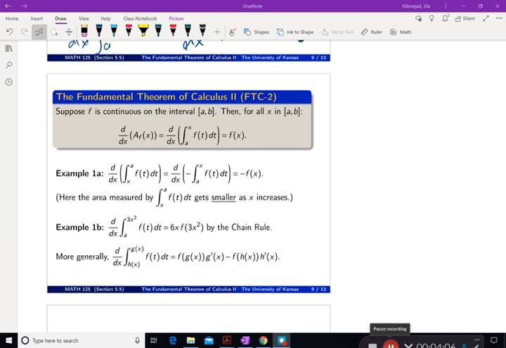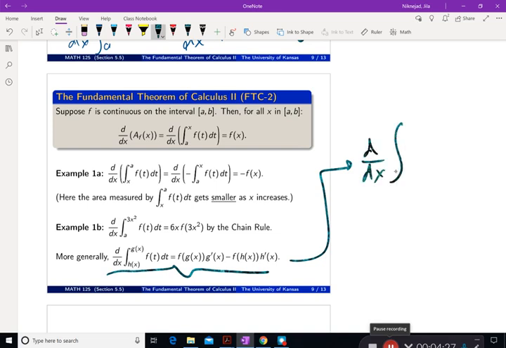Again, now what if, and again, these types of questions are good test questions. Now let's see, I'm trying to find the derivative, and instead of a and x, I have h of x and g of x. So I'm trying to do the derivative of the most general format of this thing.